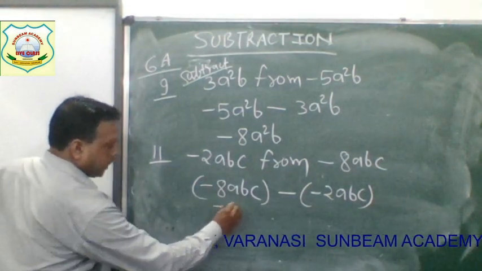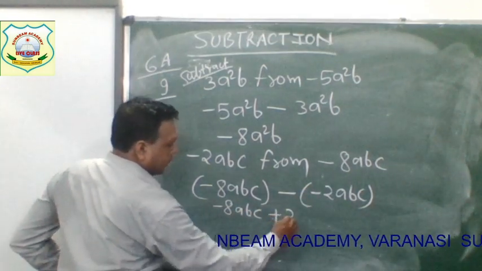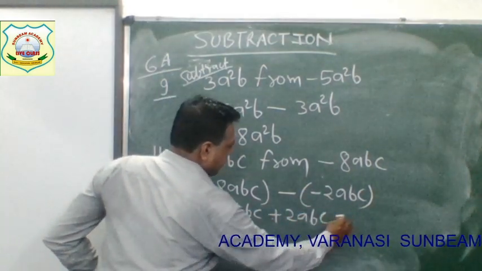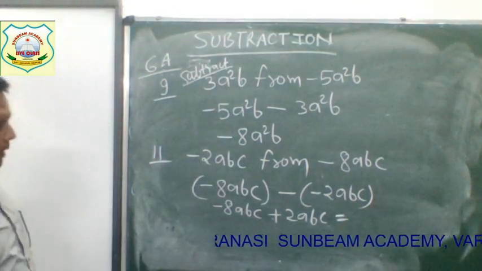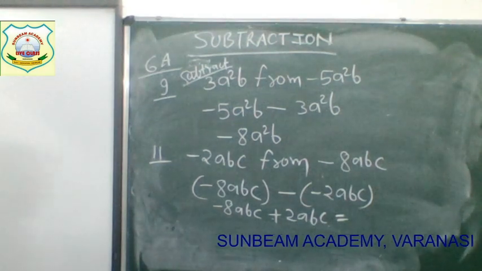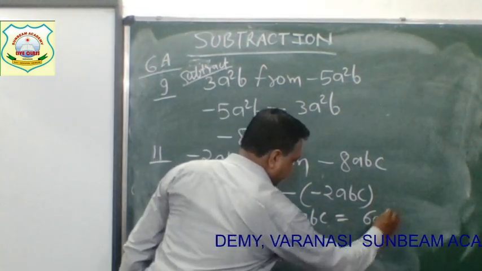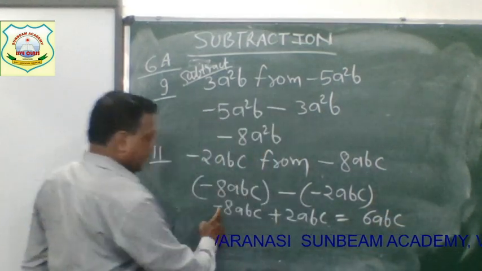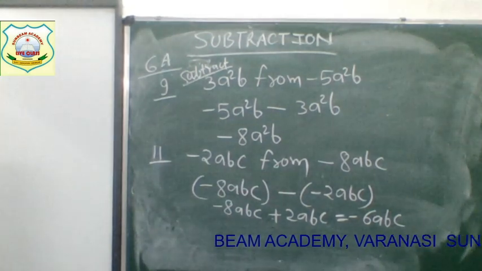Minus minus becomes plus 2abc. So minus plus minus gives minus. Minus 8 and 2, that is 6, and the sign will be minus since the minus is greater. Note it down, students.